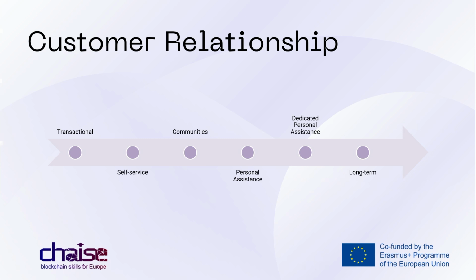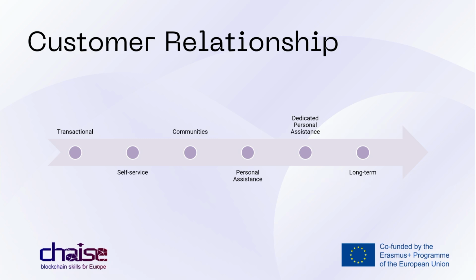Up to now, there is actually no direct interaction between the customer and anybody at the company. But personal assistance is when the customer can actually reach out and communicate with a human being at the company. It could be through email, through phone calls, through a chat functionality, or visiting an office.